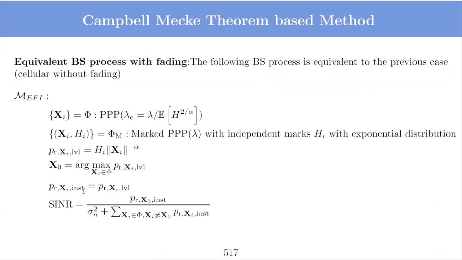So your instantaneous receive power is the same as your power level. It already has fading, and SINR is given by the ratio of the serving instantaneous power divided by the total interfering instantaneous power plus noise.